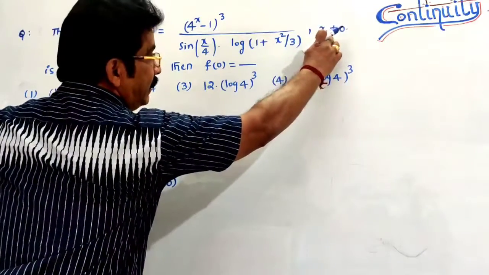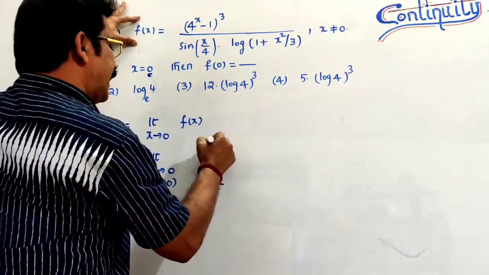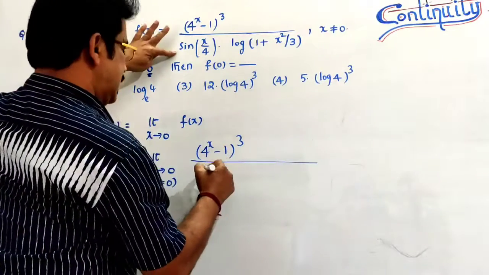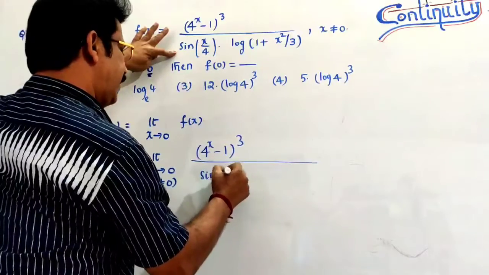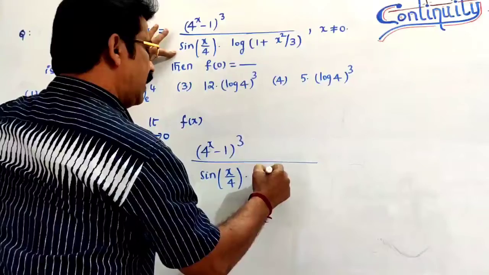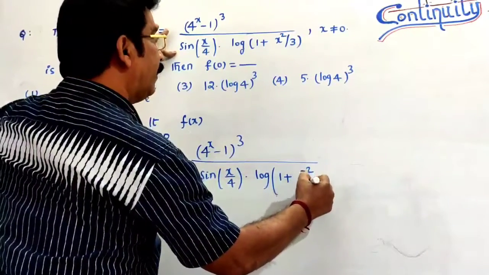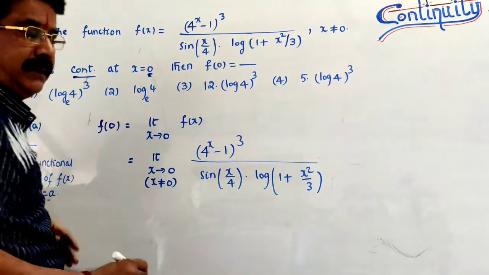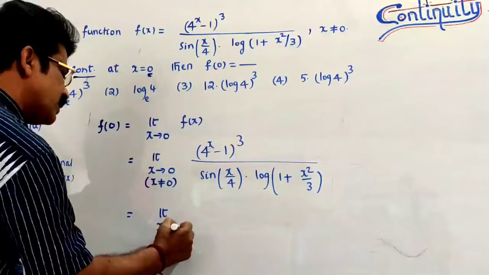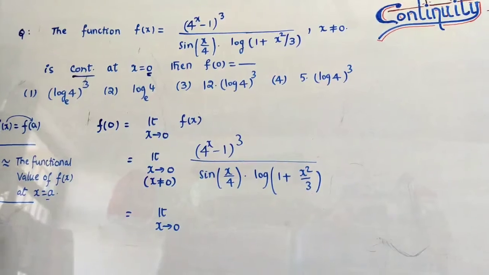In this case, f of x equals (4 power x minus 1) whole cubed divided by sin of (x divided by 4) into logarithm of (1 plus x square by 3), like that. So that is equal to limit x tends to 0. Some standard forms it is essential to recall.